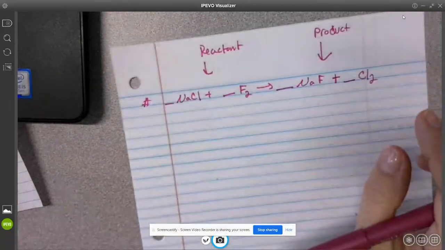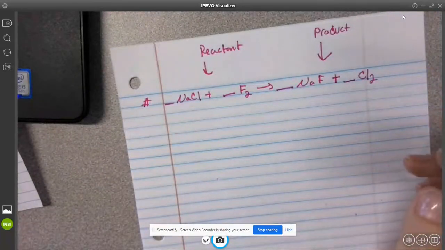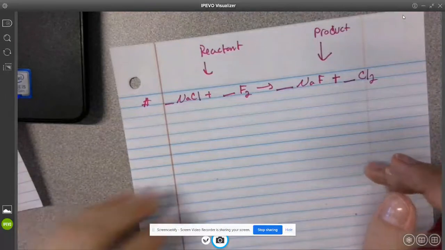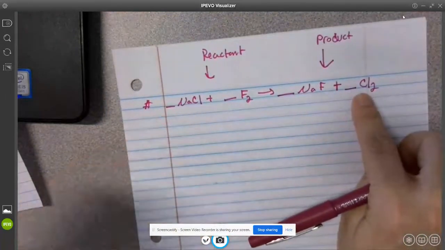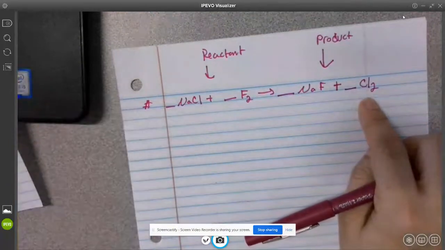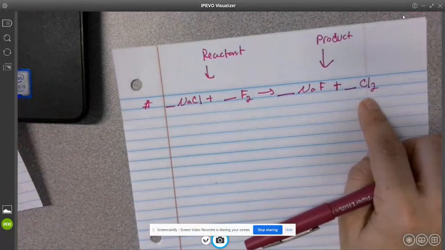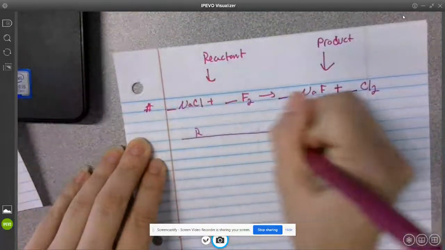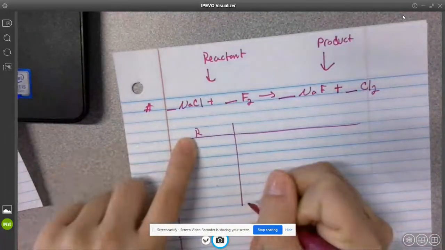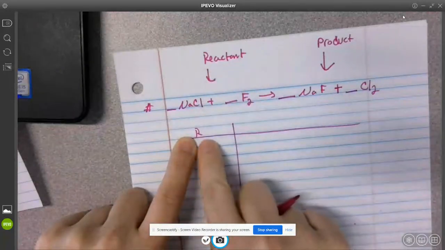Or we can do a different way. And if you're more mathematical, this way may make more sense. But if you're good visually, continue to do this visually. That's completely fine. I'm just showing a different method. So in this other method, we're going to look at our left side, our reactant side.